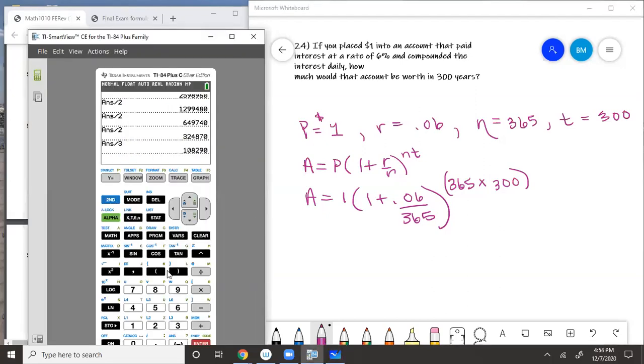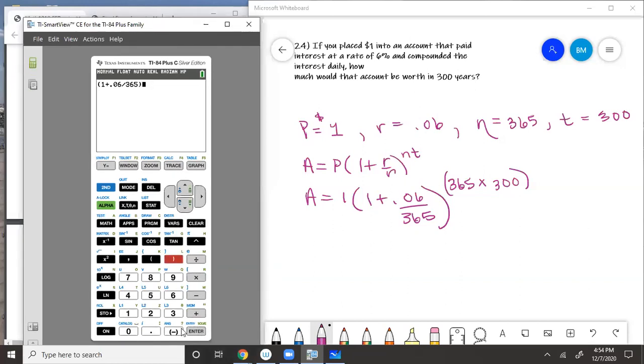So let's get our calculators. In parentheses, we have 1 plus 0.06 divided by 365. And you can go ahead and hit enter. And now we're going to raise that number to this, right?